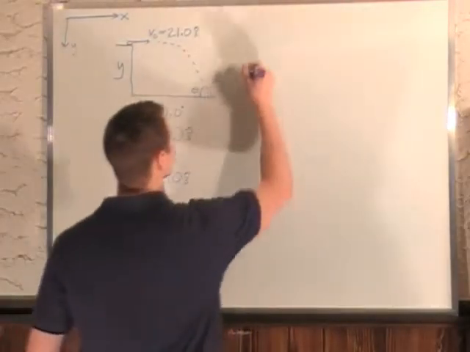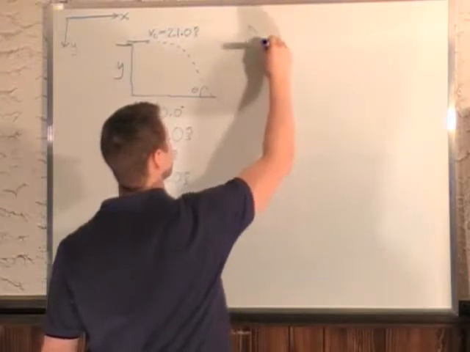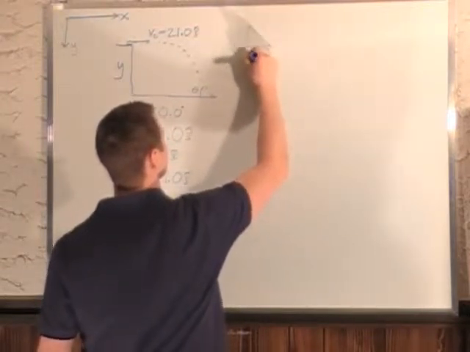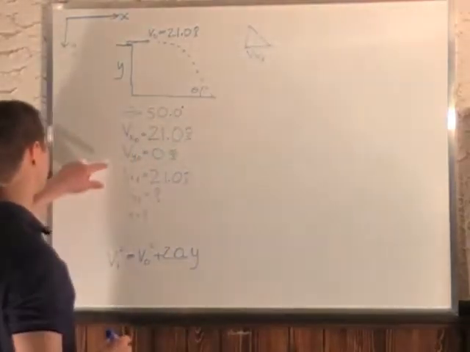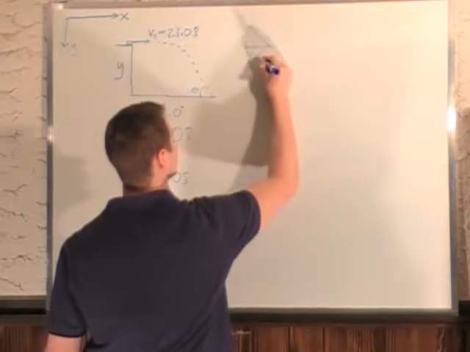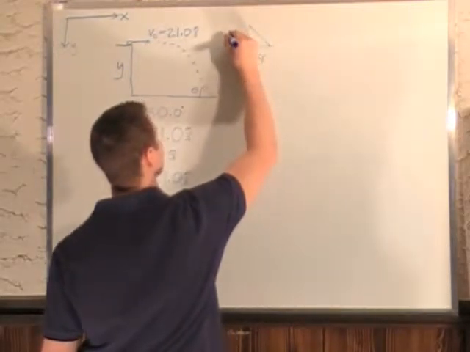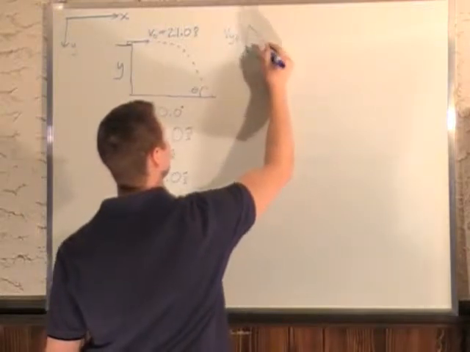So making a triangle, a velocity triangle, we have Vx final, which we know to be 21.0 meters per second, Vy final, which we don't know, and theta.